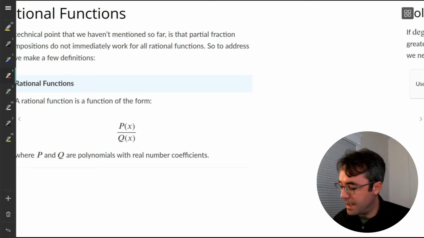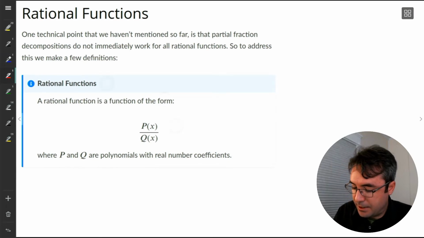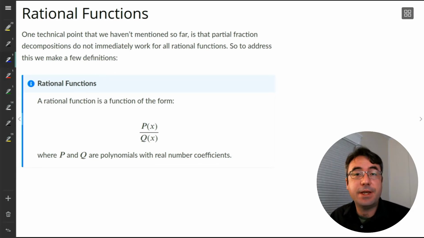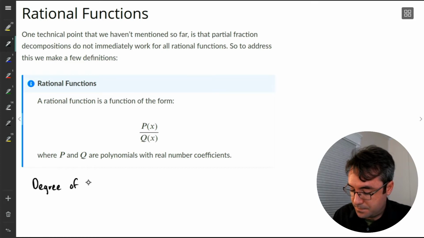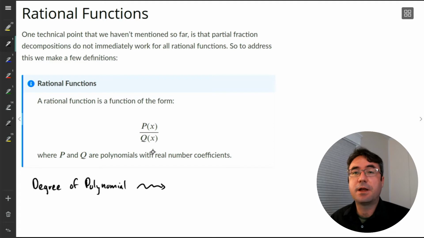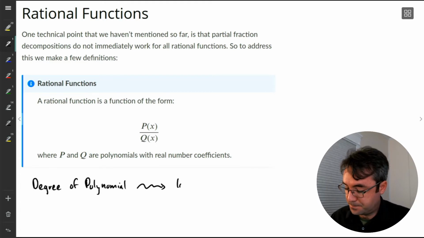Now there is one extra definition that we want to make here, and that's the degree of the polynomial. And that's just the largest power in our polynomial, largest power of x.